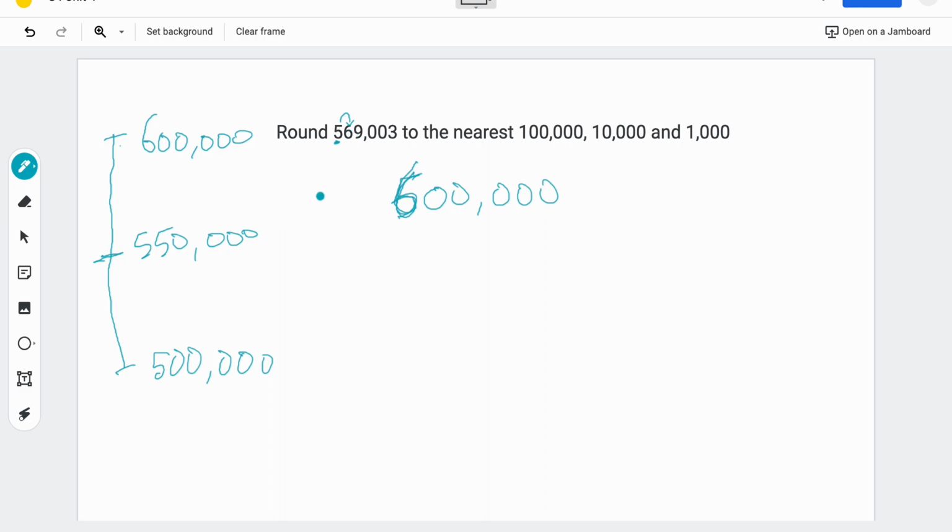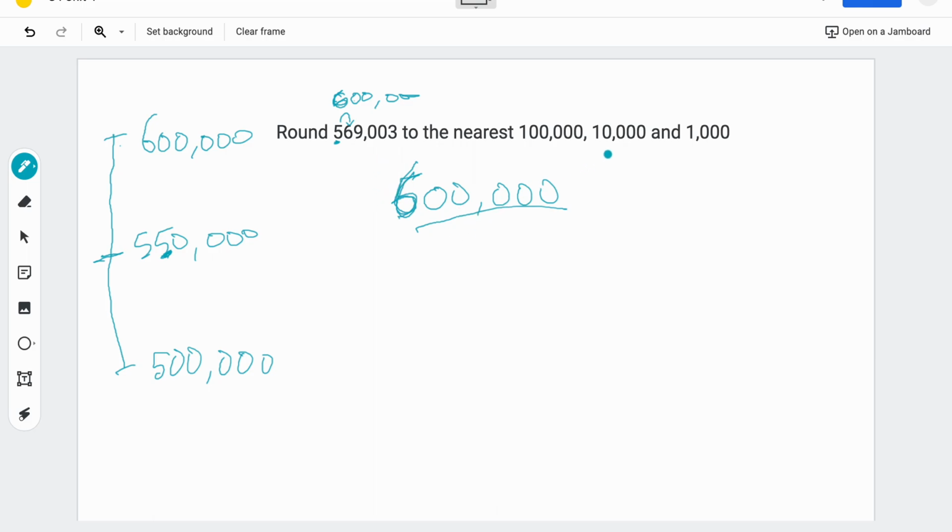Because if it's 5 or more, then it's more than half, because half is always going to have a 5. And if it's 4 or less, then you round down. Here you round up. This increases by 1, and everything else becomes a 0. So that's how we have 600,000 here.